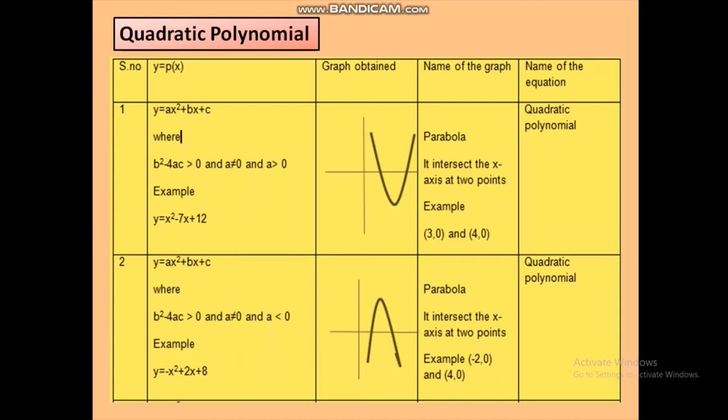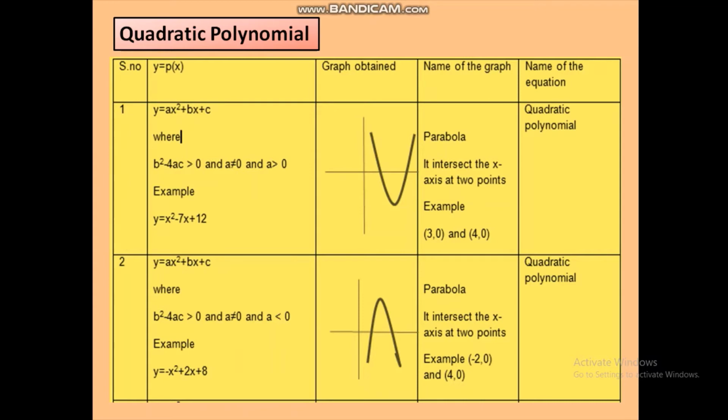the equation can be taken as y is equal to ax square plus bx plus c, where b square minus 4ac is greater than 0, that is, discriminant is greater than 0, a should not be equal to 0 and a must be greater than 0.